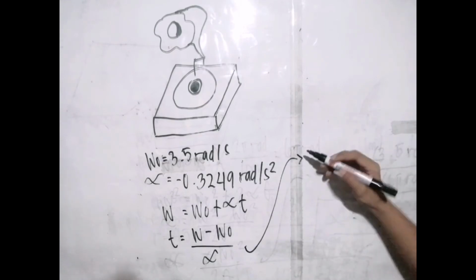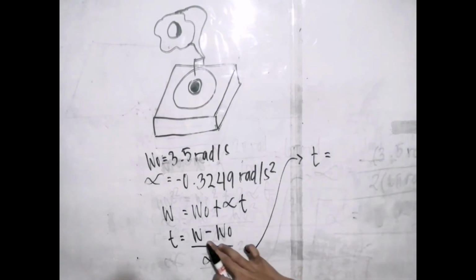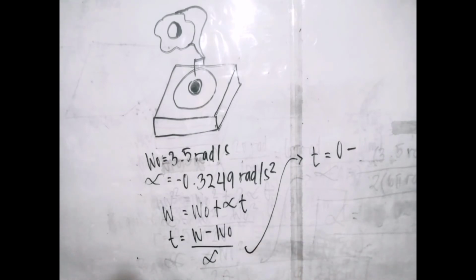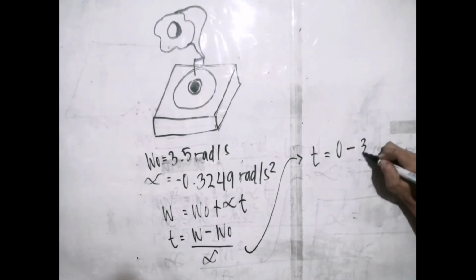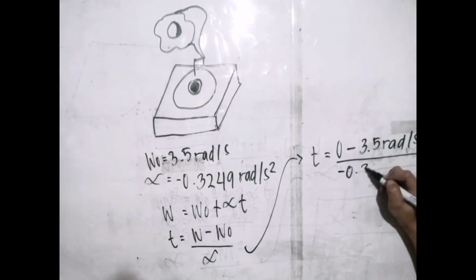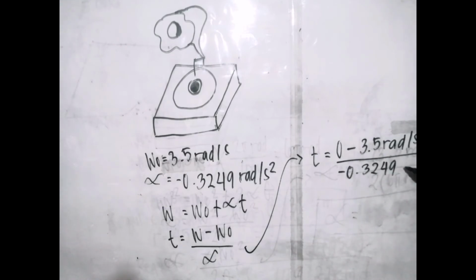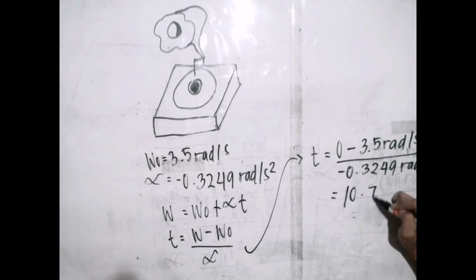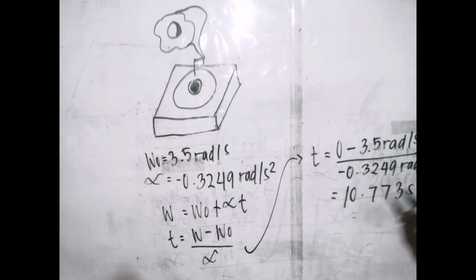And for us to calculate that, time is equal to ating final angular velocity, which is equal to 0, minus yung ating initial angular velocity, which is equal to 3.5 radian per second, over yung ating angular acceleration, which is equal to negative 0.3249 radian per second squared, which will give us the answer of 10.773 seconds.